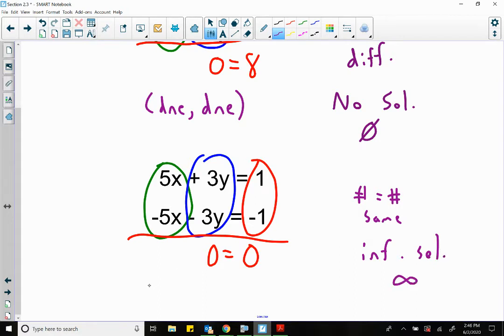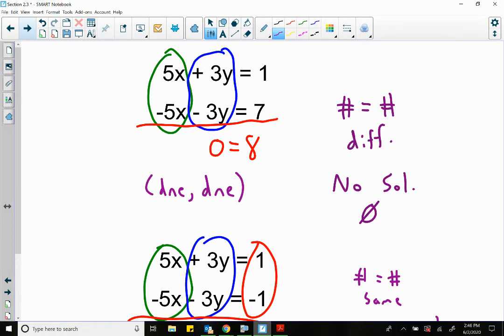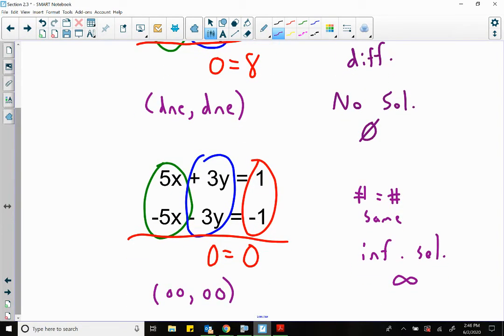Or in IMathAS, oo, comma, oo. Okay? So if your goal is met, they kind of make things easy for you. You're either going to end up solving and getting a point, or everything's going to cancel out and you've got special solutions.